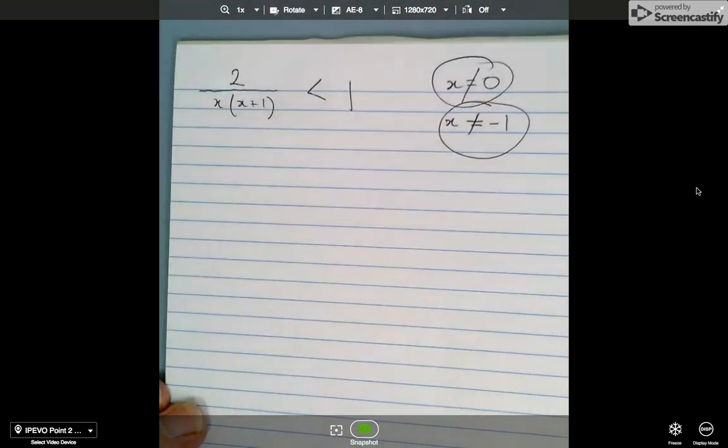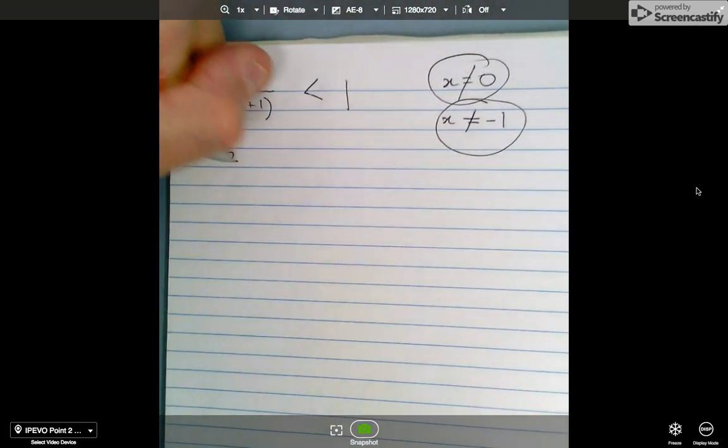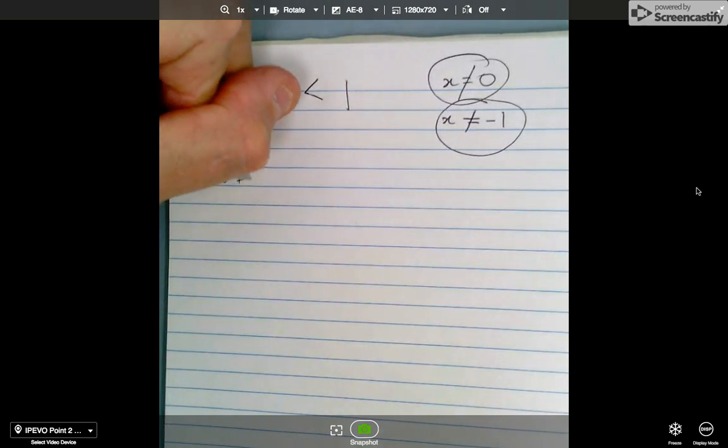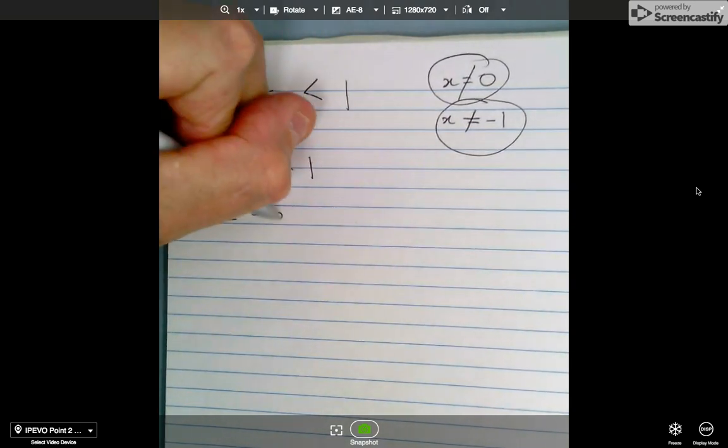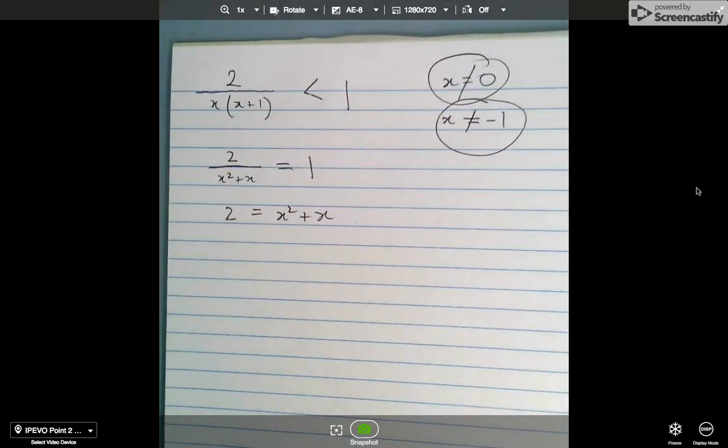And then we're just going to check it for equals. So 2 over x squared plus x equals 1. I've done a little bit of sorting out already, but that's okay. If I take this over, I get 2 equals x squared plus x.